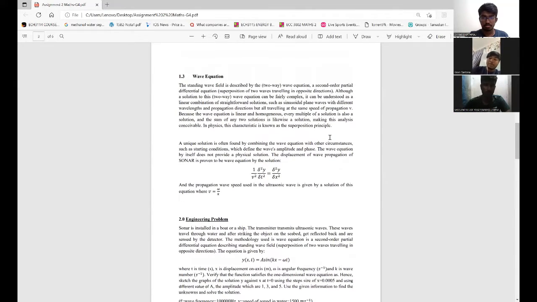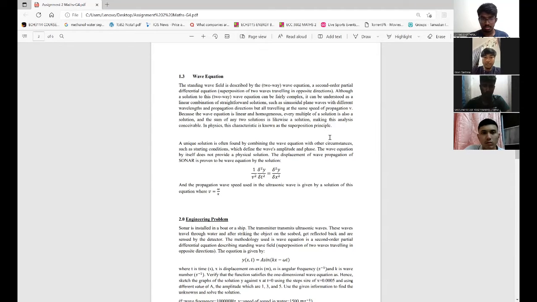After this, I'll just explain simply about the wave equation. The displacement of wave propagation of sonar is proven to have a wave equation: 1 over v squared times the second partial derivative of y with respect to t equals the second partial derivative of y with respect to x.